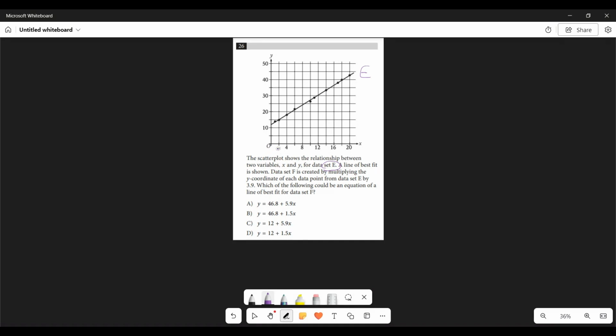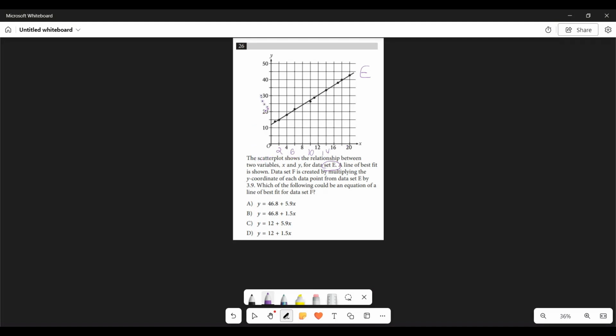So the first one is in between 0 and 4, which would mean it is 2. So we have 2, 4, 6, 8, 10, 12, 14, etc. So you get the idea.